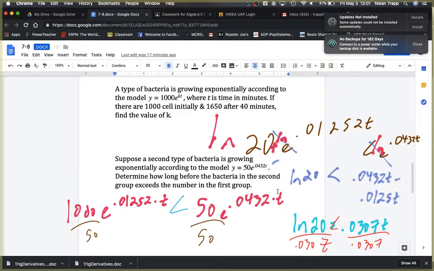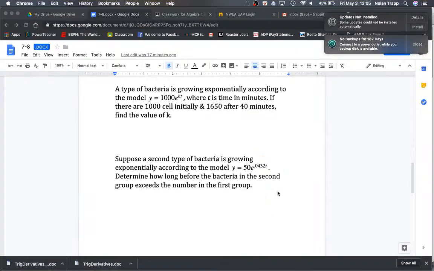And you find out that after, are we talking hours or days? Minutes. That after 97 minutes, T, actually if we round up, should have been 98 minutes of time, there would be more in this new group than in that first group.